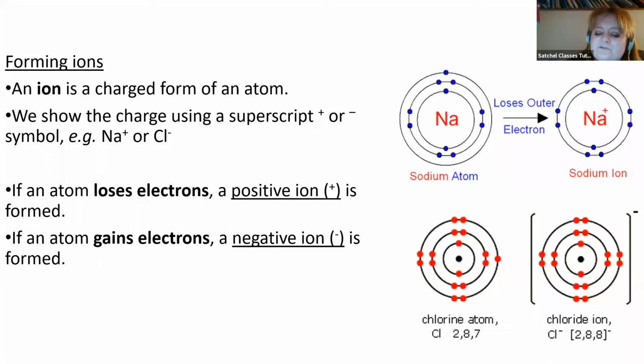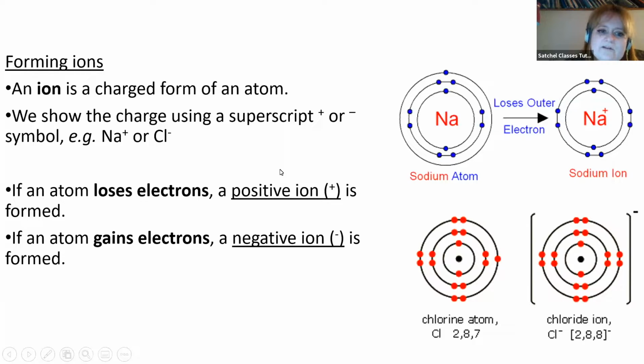They can have different numbers of neutrons, but in the bonding it's just the electrons that make the bonds. Of course, the charge is affected by the number of protons and the number of electrons. So that brings us back: if an atom loses electrons, it loses some negativity, it becomes positive, and it's called a positive ion.